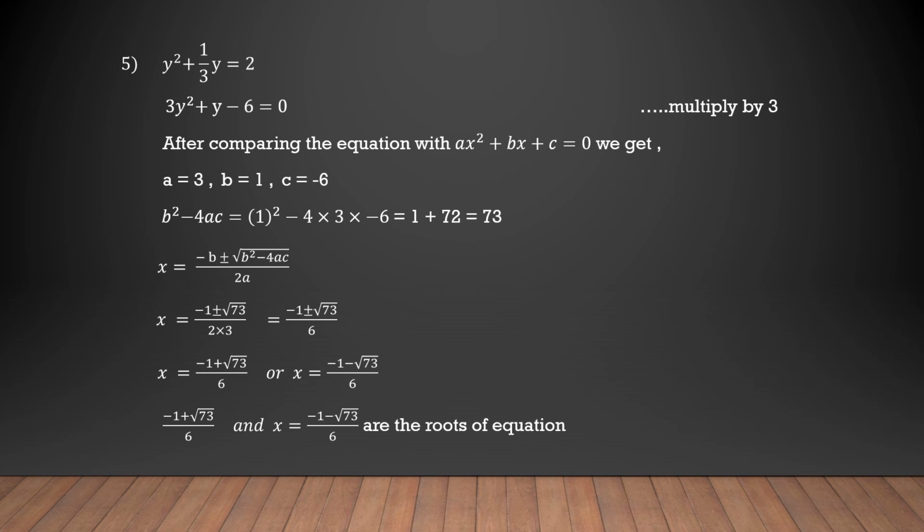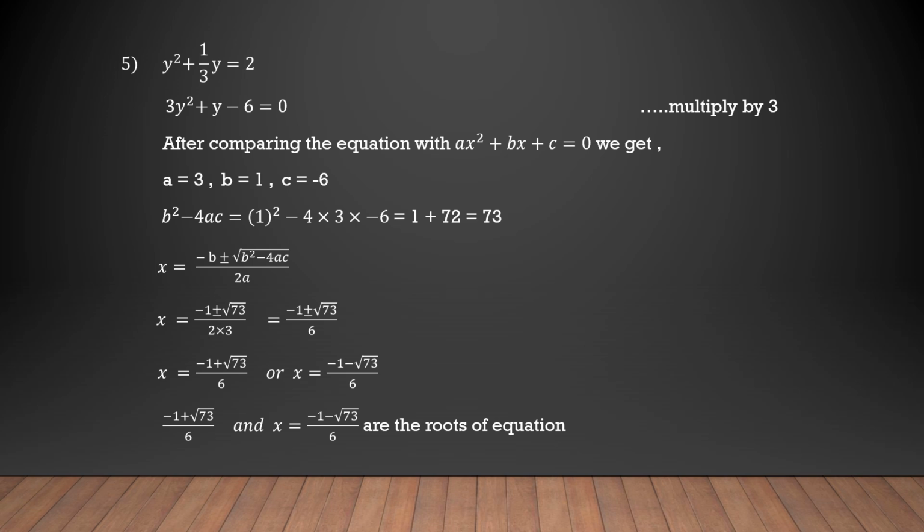After multiplying by 3, we get the equation 3y² + y = 6, and this 6 comes to this side, plus 6 becomes minus 6. So we write the equation 3y² + y − 6 = 0.